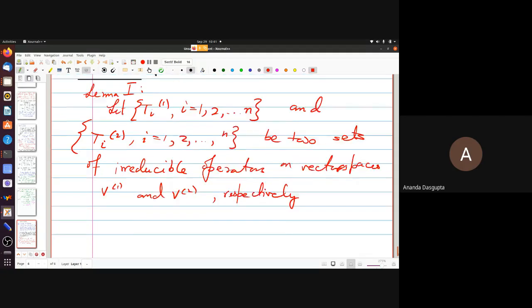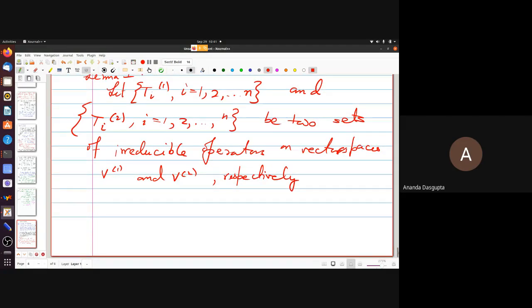So of course I'm not claiming that V1 and V2 are necessarily different vector spaces. All I'm saying is they can be. And you have two sets of irreducible operators on both of them, both with the same number of elements.